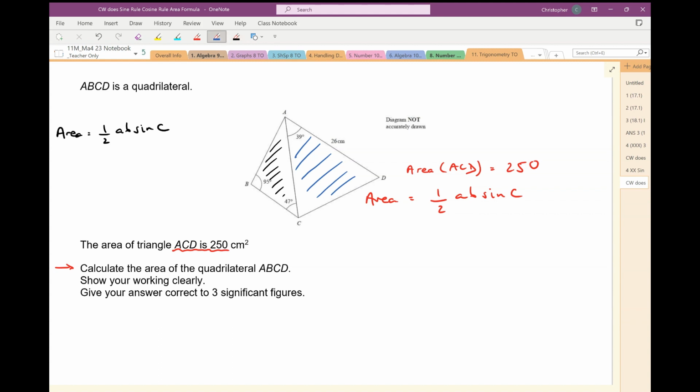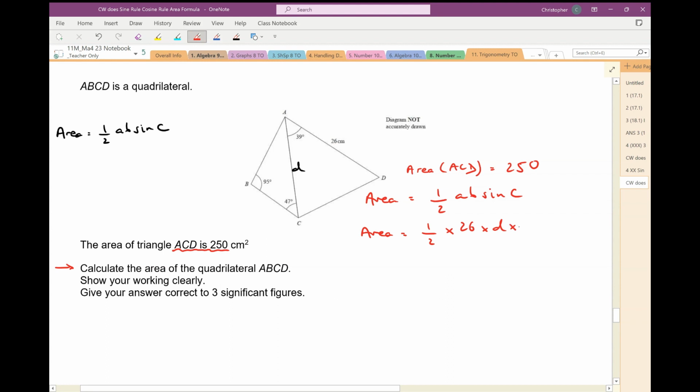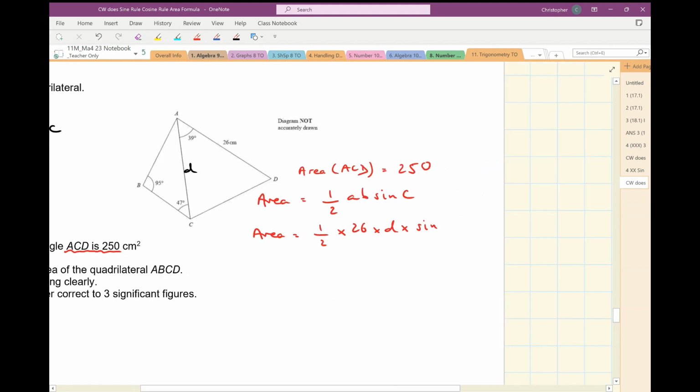If I've got the area of this left-hand triangle here, this one that I've done in blue, then I'm thinking I can find this side, because I've got that side and the angle and then that side. So I'm going to rub out everything else, and I'm simply going to concentrate on the left-hand triangle. I'm going to call this side d here. And I know that the area of that left-hand triangle is going to be a half times 26 times d times sine 39.